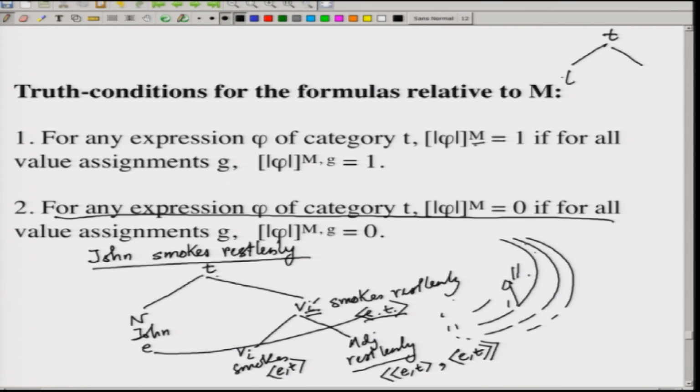This is a bad analysis, and then it goes to an adjective. But this is a correct syntactic analysis. Correct means syntactically it seems fine, but actually it is not fine. And then T goes to N and Vi. So you could have John smokes, and then here restlessly.